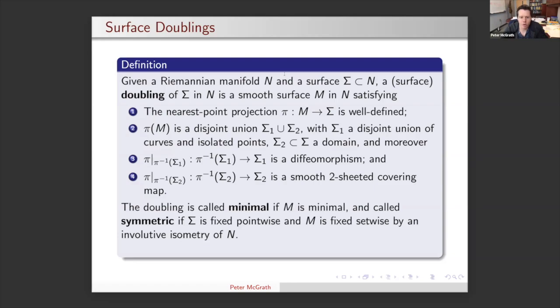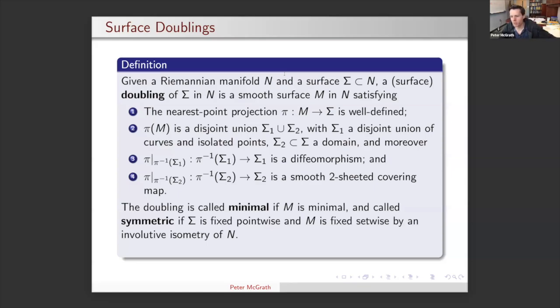In this talk, we're interested only in minimal doublings. So we call such a setup minimal if both M and sigma, the base surface, are minimal surfaces. And in this talk, I'll call the doubling symmetric if there's an ambient isometry that fixes sigma and exchanges the two sheets. Okay, so there are lots of minimal doublings that we know of.